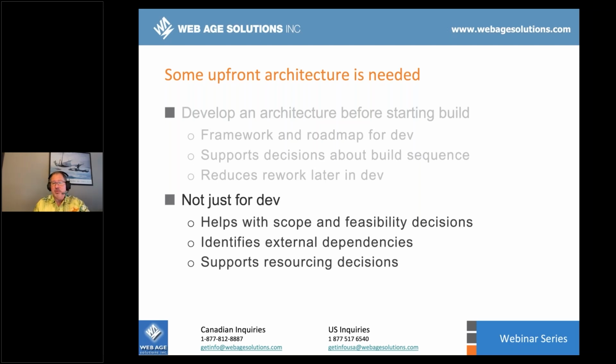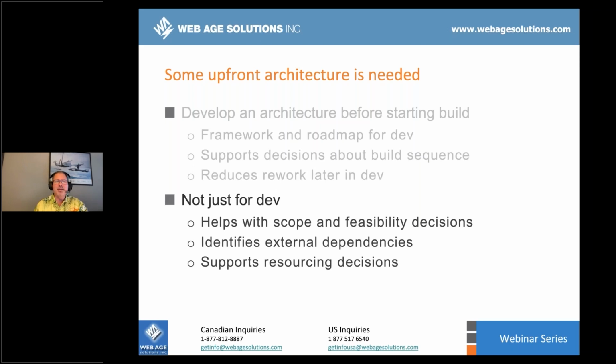It's really associated with scope. So all these benefits of upfront architecture give us the ability to start development in the right direction, give people a good framework to work on, good guidance, guardrails, and help us make better decisions.